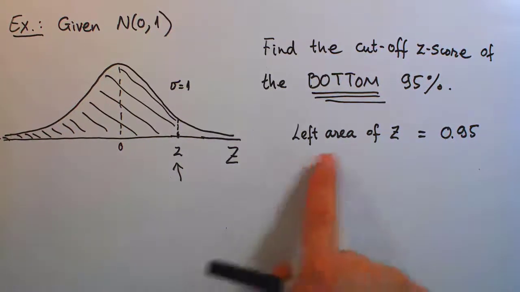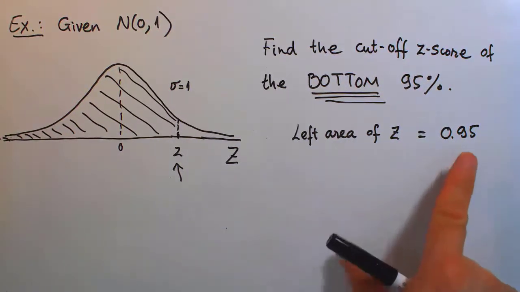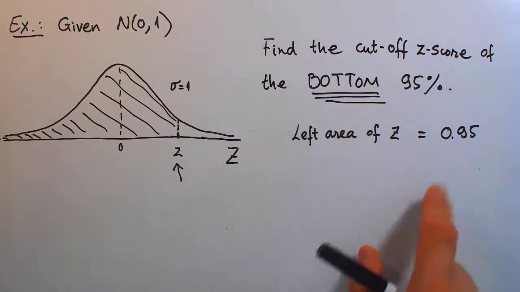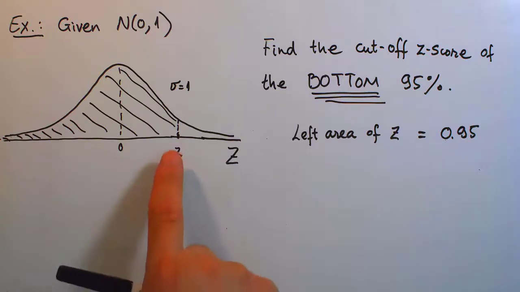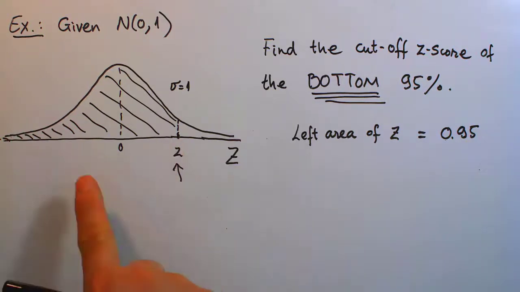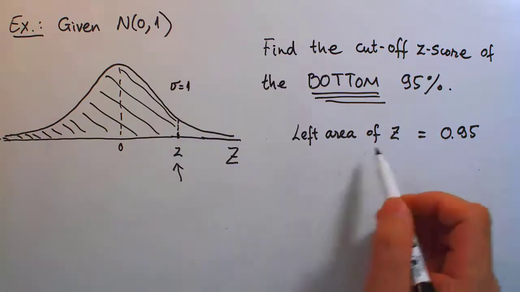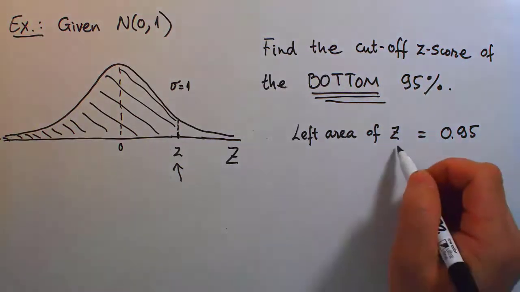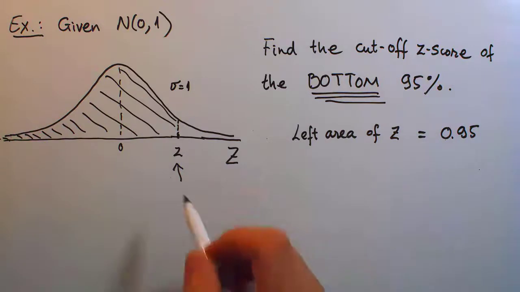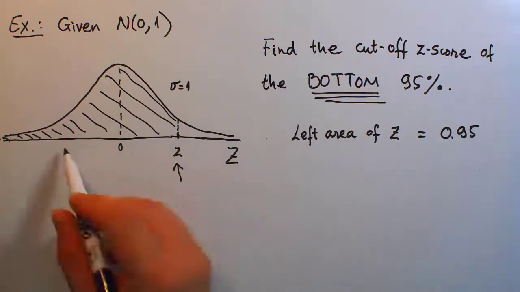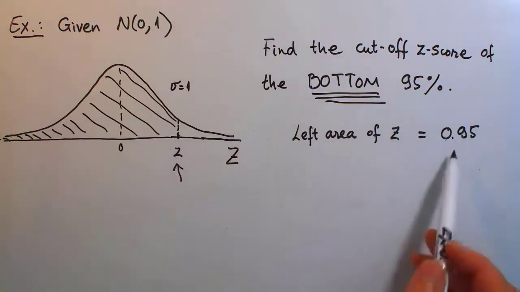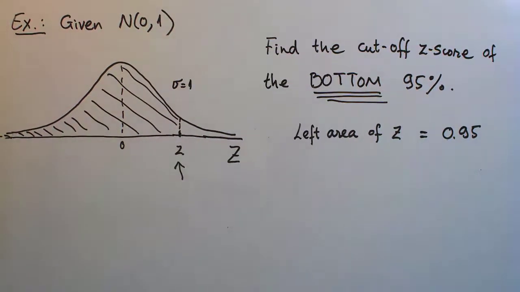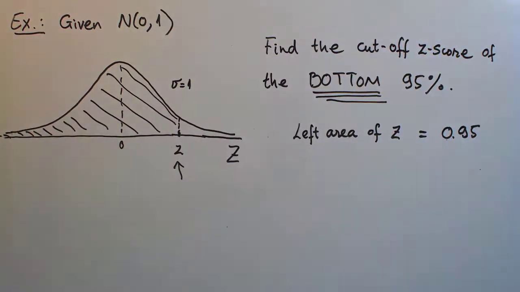So in this problem, we are actually not looking for area. We already had the area, and here specifically it's the area to the left of that z-score. With that area to the left of the z-score given to be 0.95, I'm asking what z-score value is that? So where do we put the z-score on this line so that it takes 95% of area to the left-hand side?